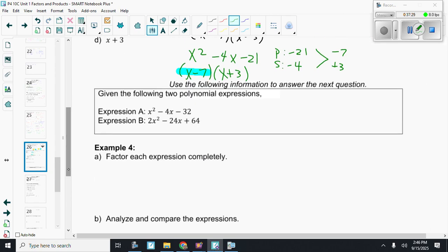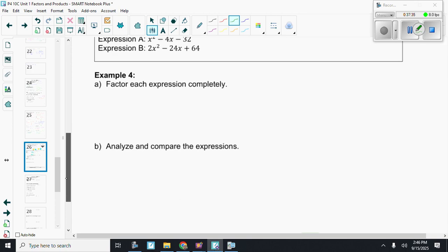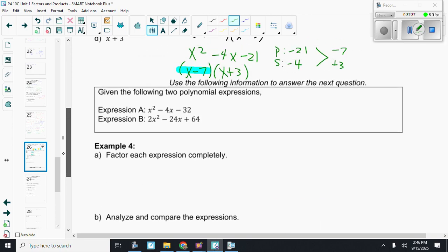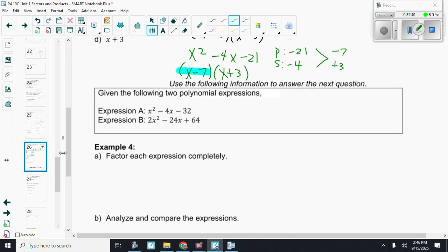Okay, so here's another example. Given the following information, answer this question. It has A and B, and we'll do a little bit of work there. We have expression A and expression B. It says factor each expression completely. Let's do that first. We've got x squared minus 4x minus 32.